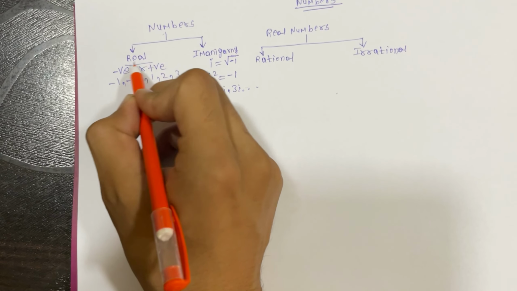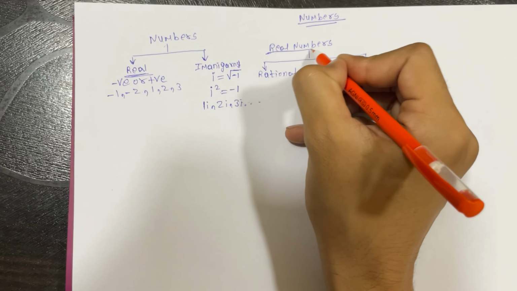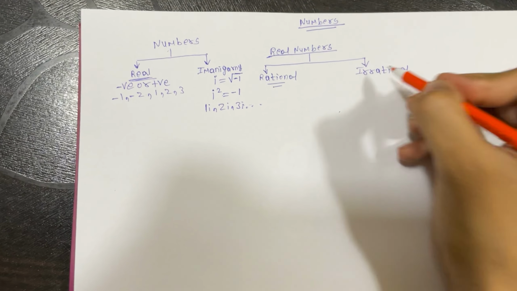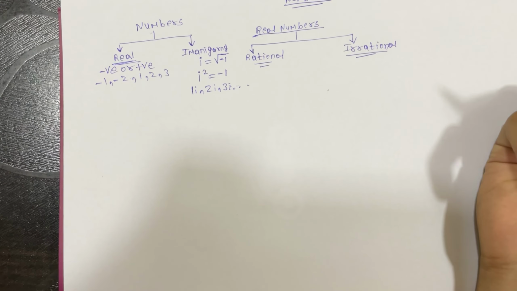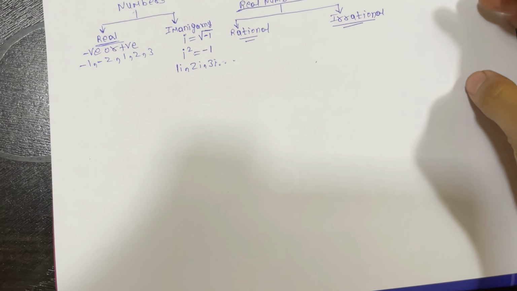We use real numbers in our real life, and real numbers are further classified into rational numbers and irrational numbers. So let's know what is a rational number and what are irrational numbers.